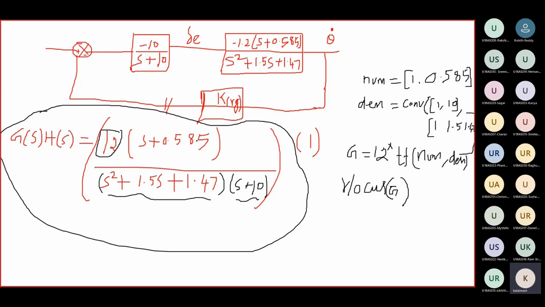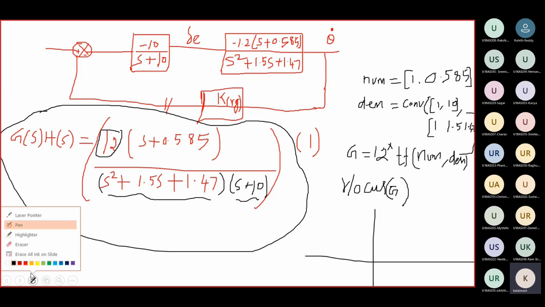Or otherwise, if you want to sketch it theoretically, please locate your poles and zeros. So the zero is located at s equal to minus 0.585. The zeros are marked as a small circle, and poles are marked as a cross symbol. Another pole is located at s equal to minus 10.